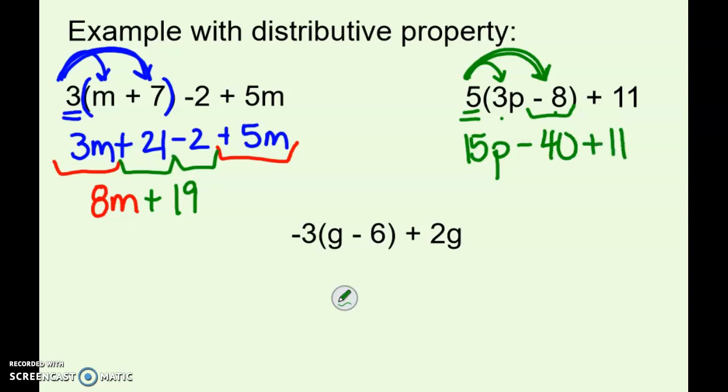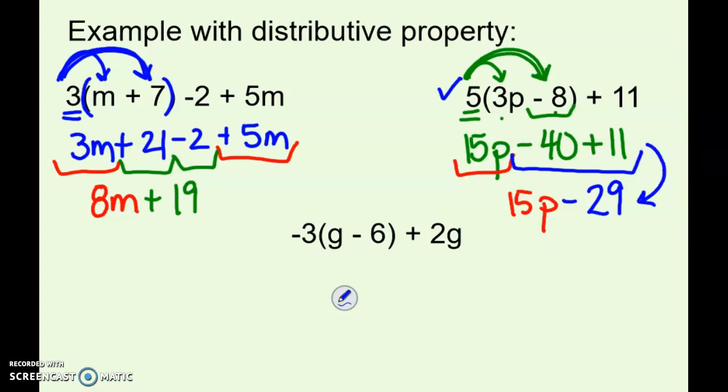Okay, now find like terms. Looks like the p's are just by themselves. And then my constants. Negative 40 plus 11, negative 29. Okay, so I distribute first to get rid of the parentheses up here, rewrite everything, and then combine like terms and simplify.